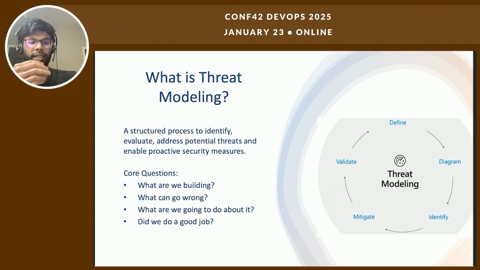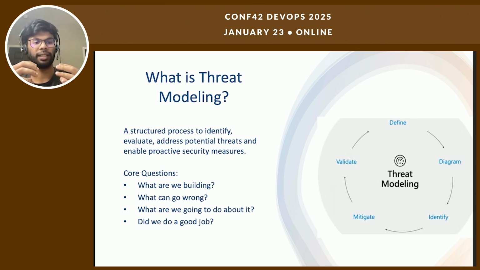Once we define the security requirements, we use a threat modeling tool, which we are going to talk about in later slides. We use this tool to visually represent the whole system architecture with various boundaries. By boundaries, I mean: what are the components inside the scope of the internet? What are the components inside the scope of on-prem? What are the components inside the scope of cloud?